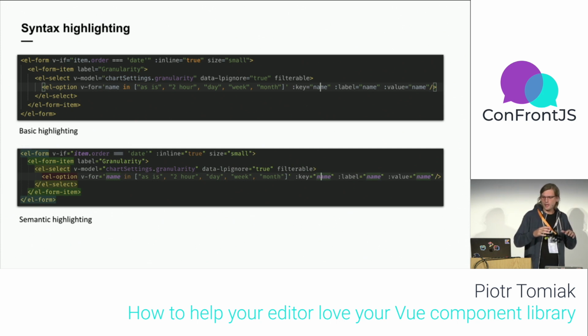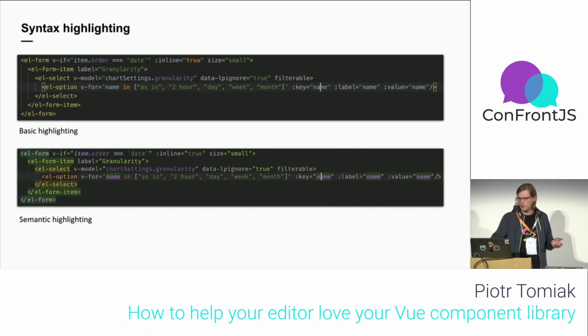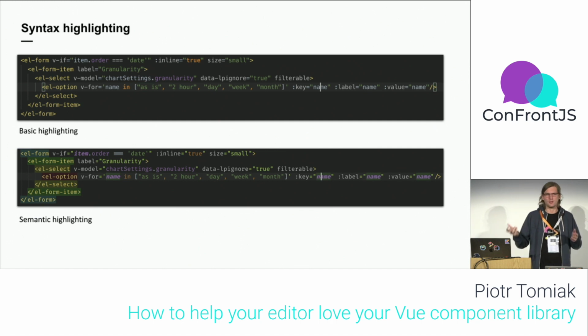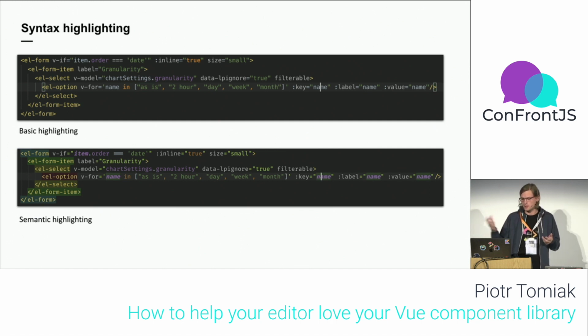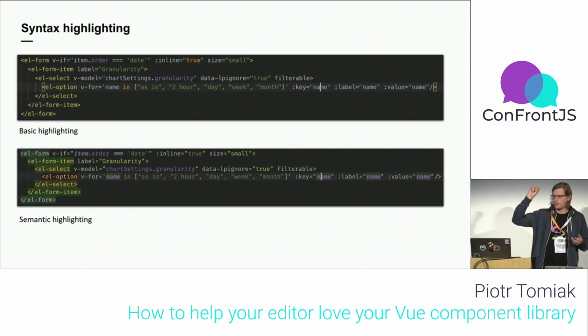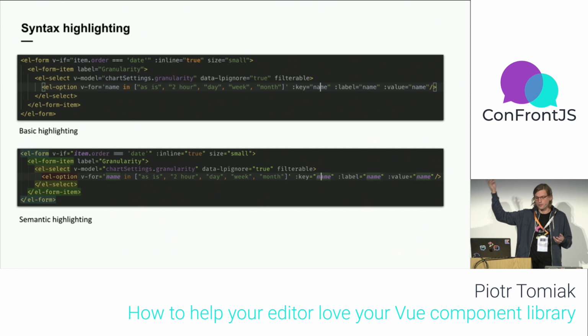And then you can also get semantic highlighting, which means that we also try to figure out what a particular symbol means. So, for instance, here you have a name, which is a local variable, and it helps that you know this is a local variable. Then you have chartSettings, which is colored differently, because it's a property of a Vue component.